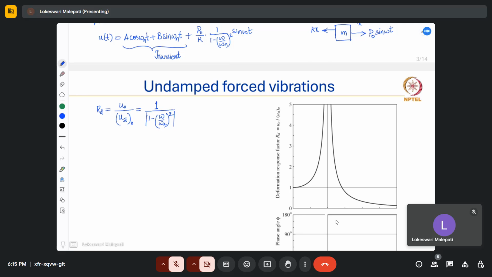If we consider this steady state response, it is normally written as P naught by K times Rd multiplied by sine omega t minus phi. I'll explain what these things are. Here Rd is called the deformation response factor.